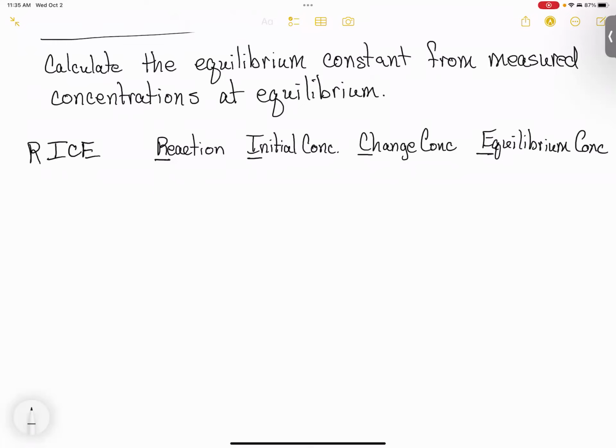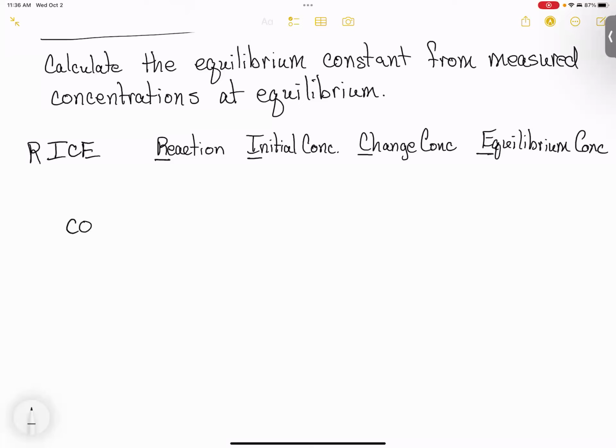So let's just go back and get some equations here. Okay. So let's look at an example.